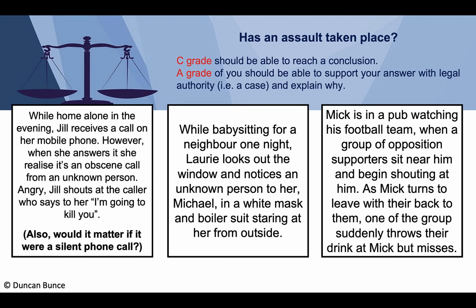And I think it's fair to say that when he says, "I'm going to kill you," the case of Constanza that we talked about earlier, that words can amount to an assault, would clearly be our supporting case here. If it were a silent phone call, then we would use the case of Ireland that we also discussed. In terms of mens rea then, as a basic intent offence, the defendant must intentionally or recklessly cause, in this case Jill, to apprehend immediate fear of unlawful violence.